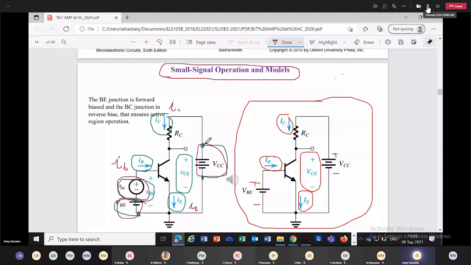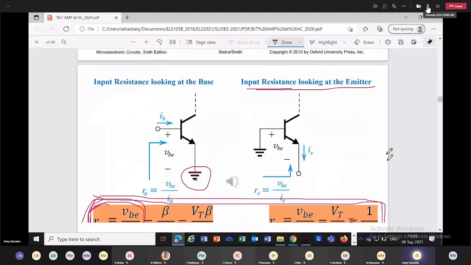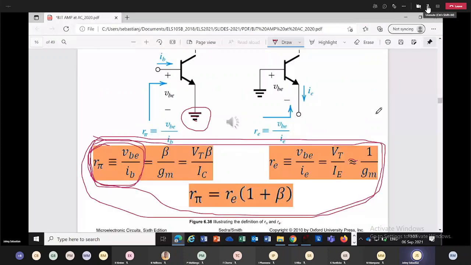All right, we are going to move on. We have seen defined R pi, that is input resistance looking at the base, RE, input resistance looking at the emitter, and there is a relationship between R pi and RE.